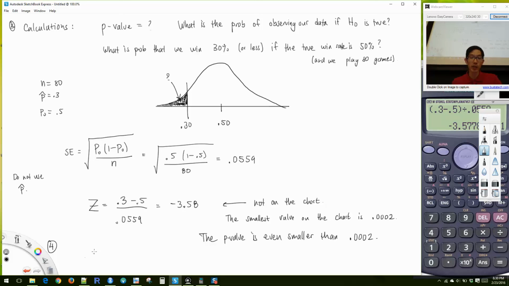So this is technically how our conclusions work: we compare our p-value to alpha. So what we say is, is 0.0002 smaller than 0.05? Yes.